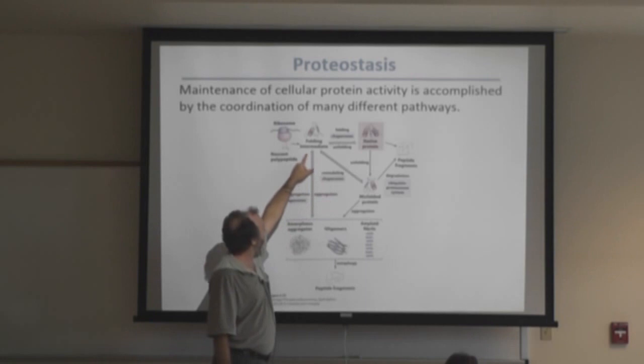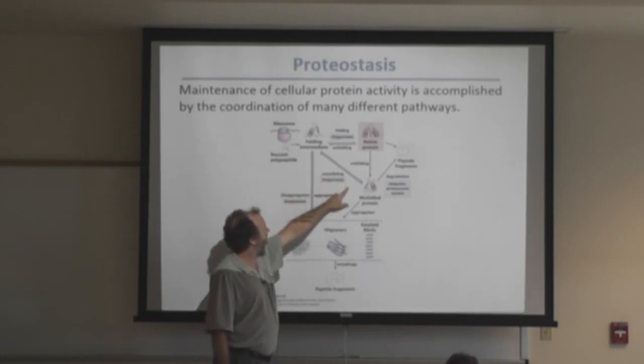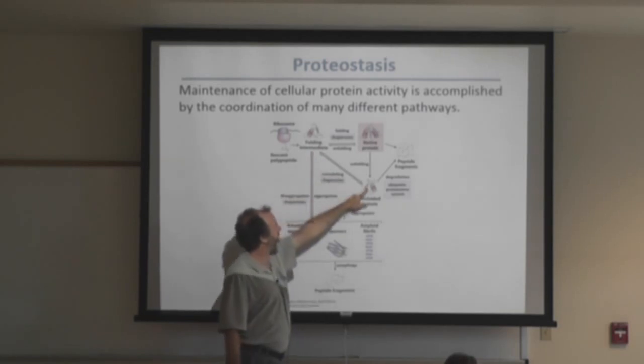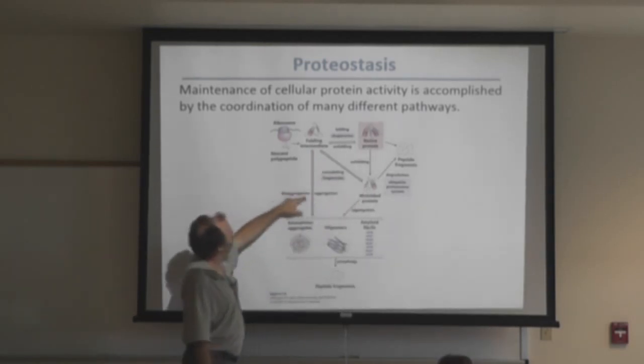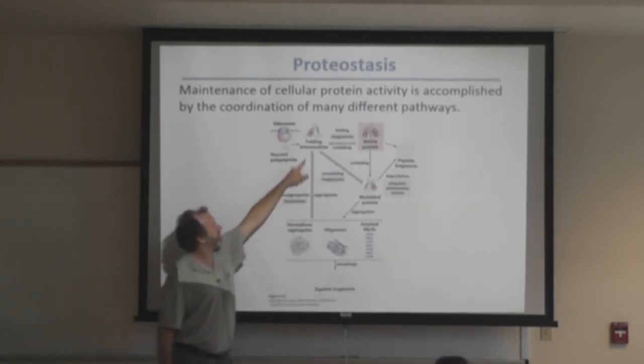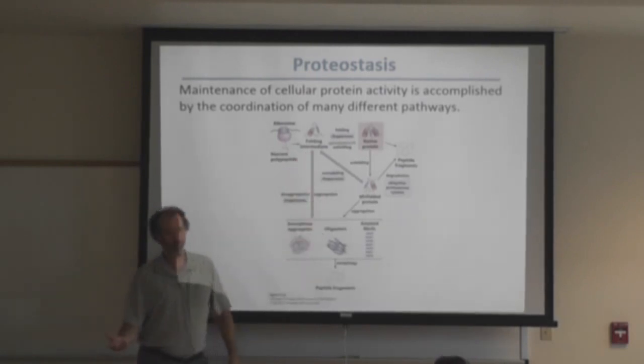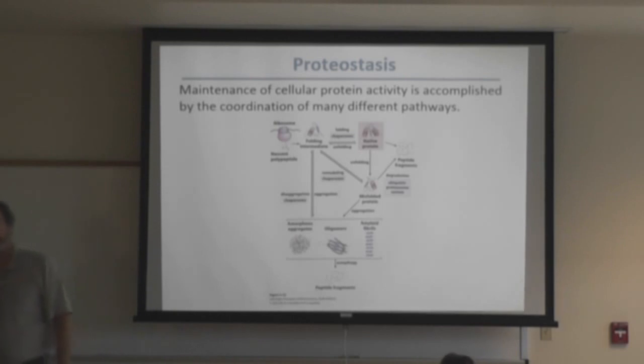So if a folding intermediate unfolds, it can be refolded via chaperones, or you can get disaggregation back to the folding intermediate, or aggregation. Have you heard of the amyloid disorders, like Alzheimer's, Parkinson's, prion disease? You can even get amyloid buildup in your pancreas with diabetes.